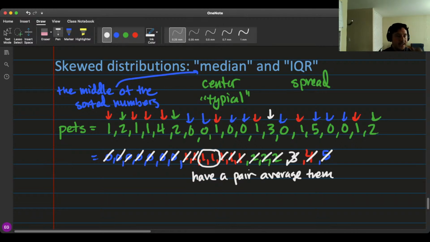If you're left with one single number in the middle, that is your median. So the average of 1 and 1 is 1. So the median equals 1. In other words, typically, how many pets do people have? 1.